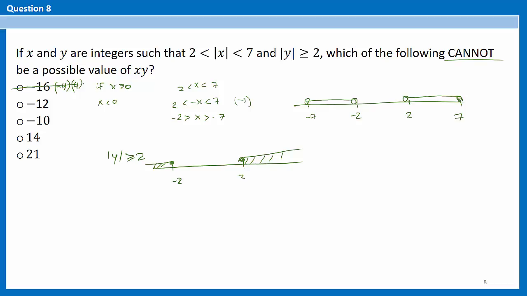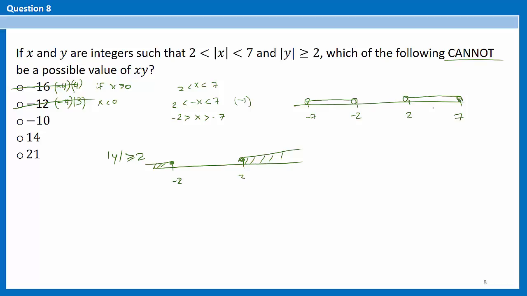-12. -12, that would be 4 and 3. Can I get a 4 and 3? Again, I can get a -4 from here, from x, and a 3 from y. So it's possible. A -10, I need a 2 and a 5.